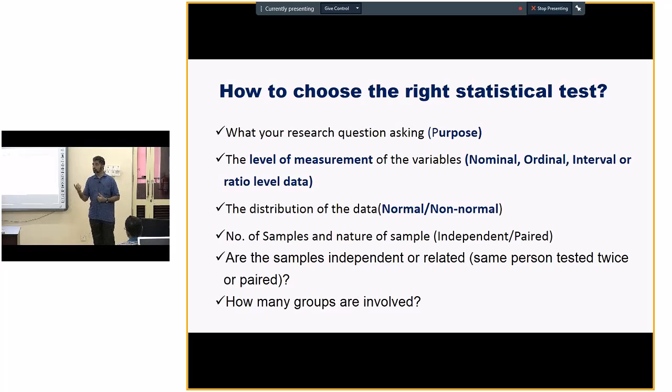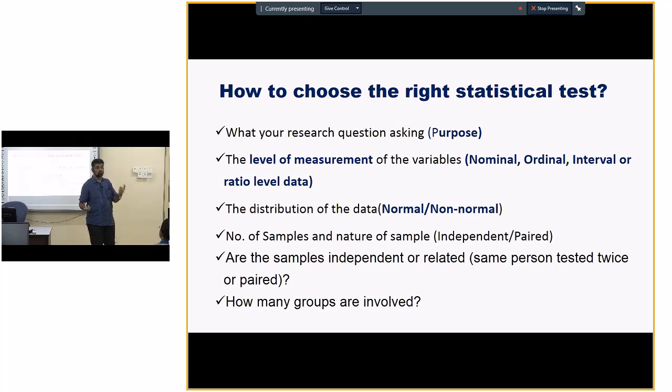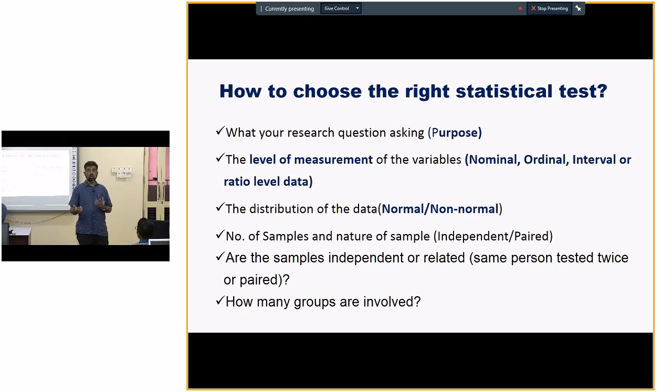Is it clear? Then how many groups? In some cases we have two groups, male and female, only two groups, right? But if we need to measure the income level across age groups, 20 to 30, 30 to 40, 40 to 50, 50 to 60, over 60, then you have five groups, right?